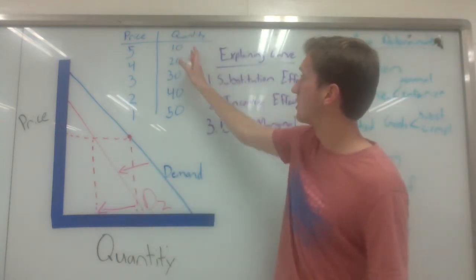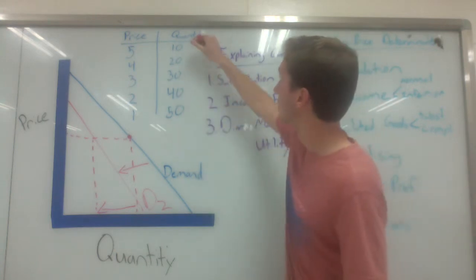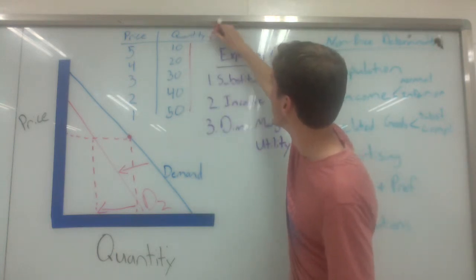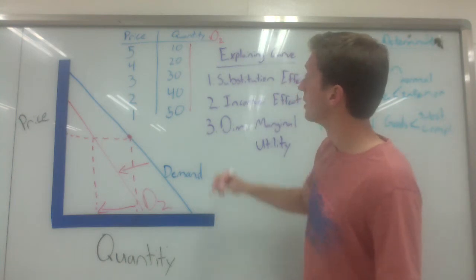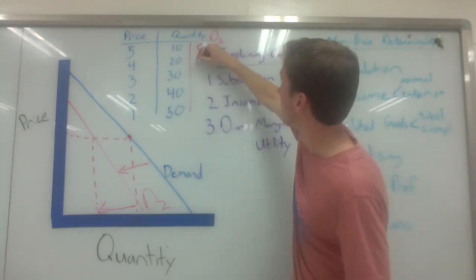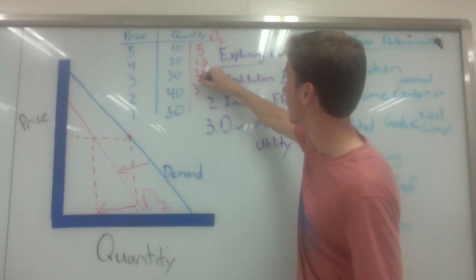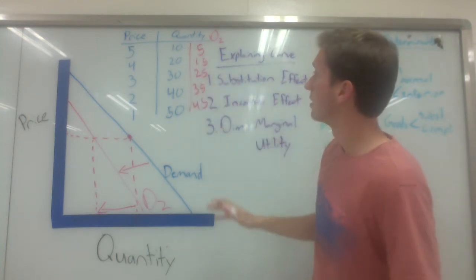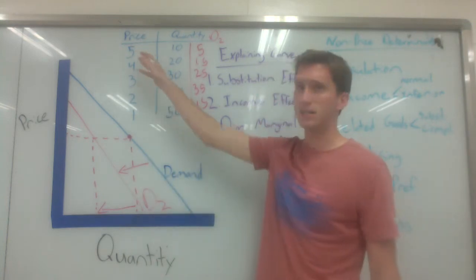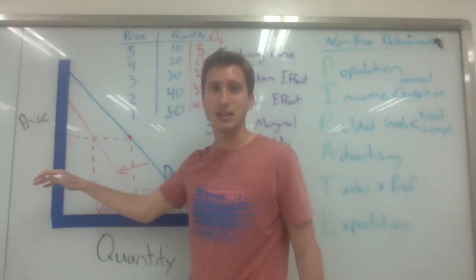Now this is the graphical representation of just one of the curves. If I do D2 now, up here, let's say it might only be 5, 15, 25, 35, and 45. This is showing that at each given price level, people are demanding less.